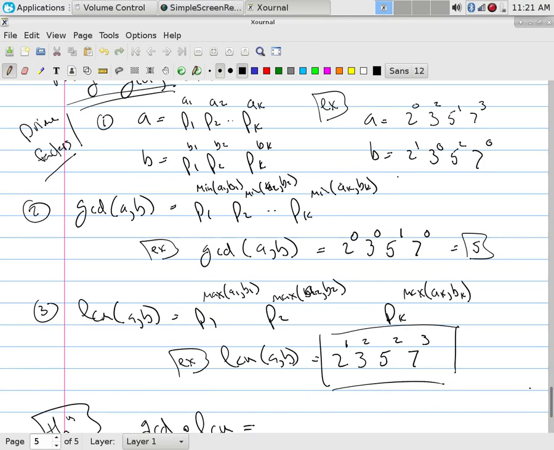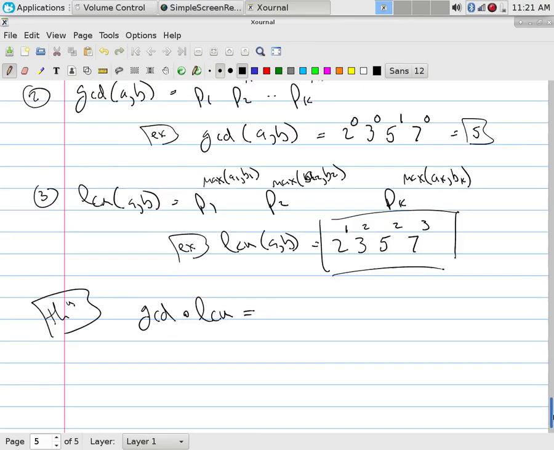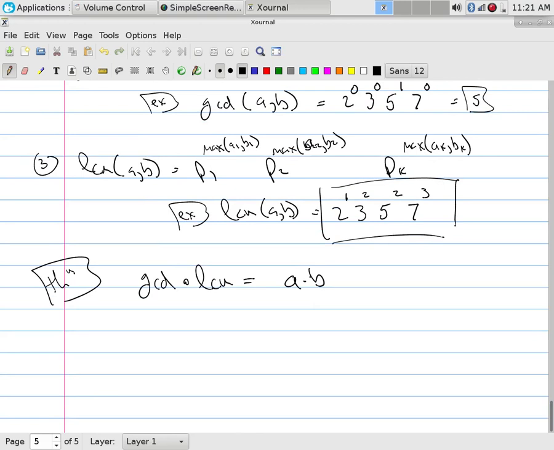And if I take the two numbers always, it ends up being that the GCD times the LCM is just A times B, which gives you the ability to find one if you know the other. If you know the GCD, LCM is easy. Take the GCD across. If you know the LCM, you can find the GCD. Take the LCM across.